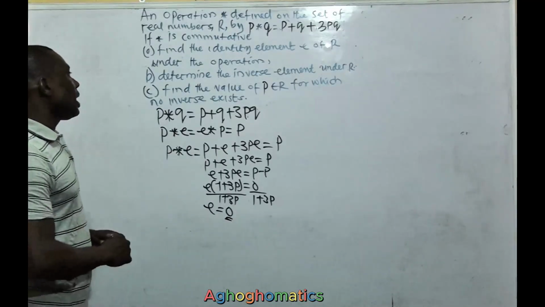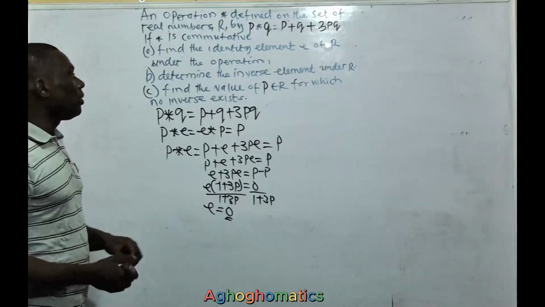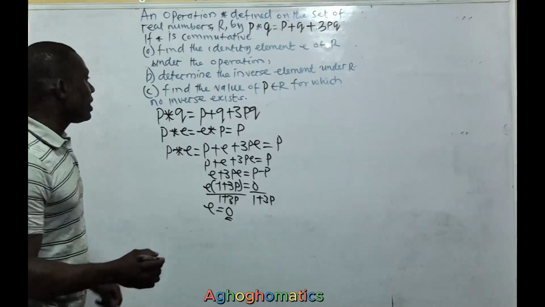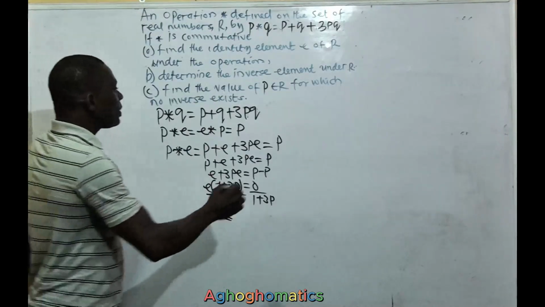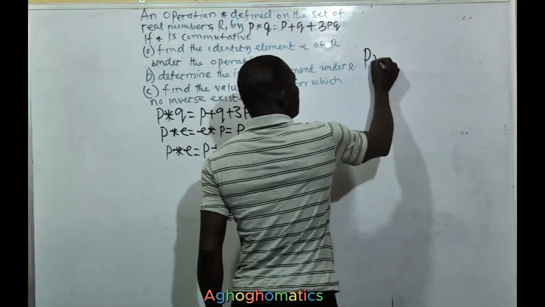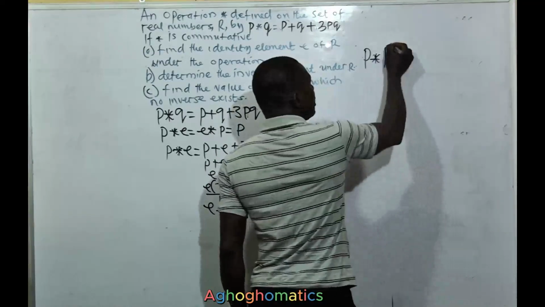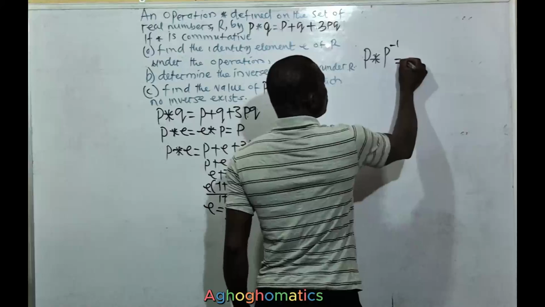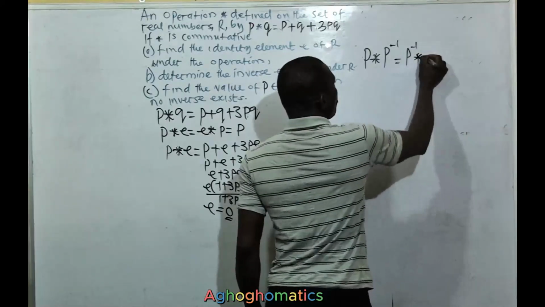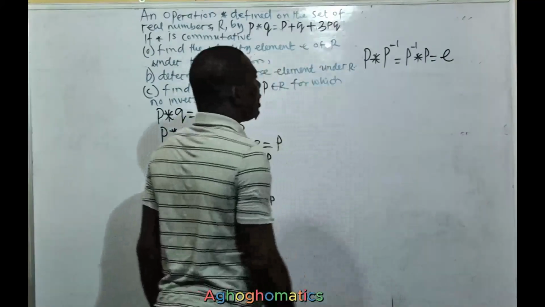Now, without the identity element, there's no way you can find the inverse under P. And to obtain the inverse under P, the simple clarification here is that the inverse element, which we represent as P inverse, operated also upon P must be equal to the identity element.